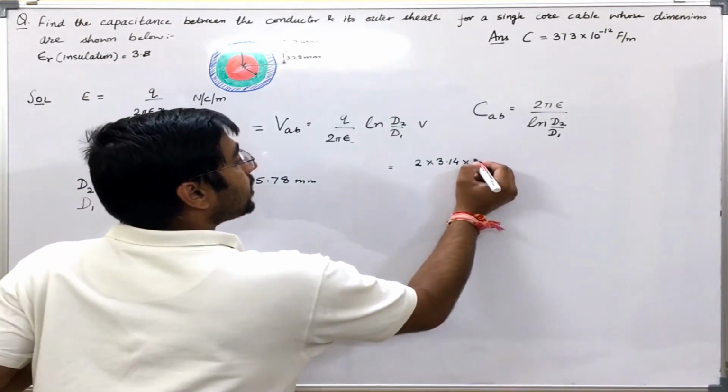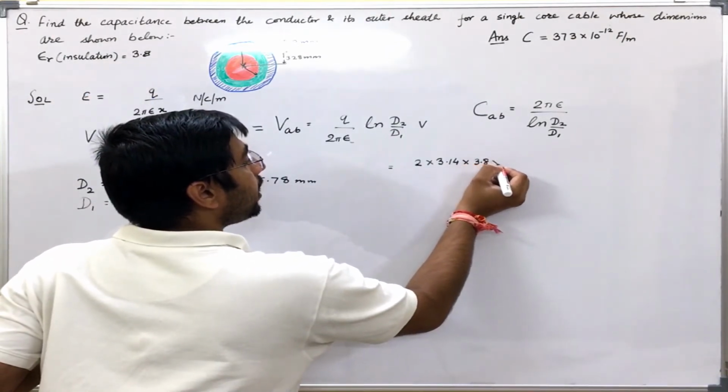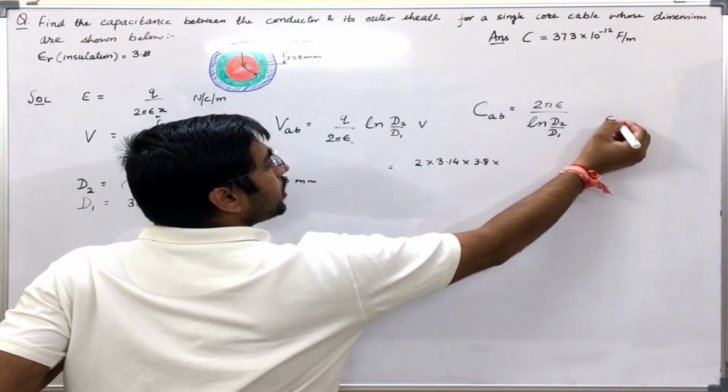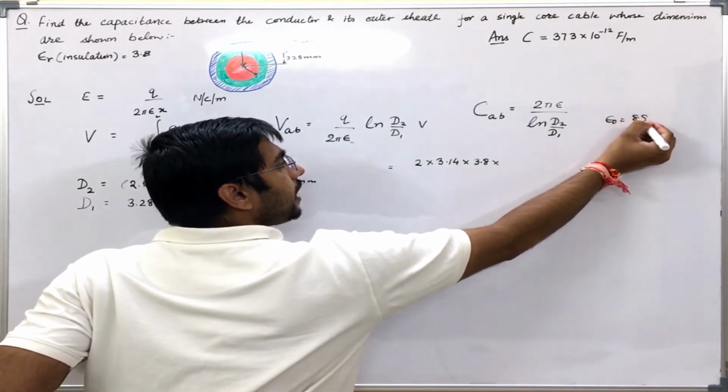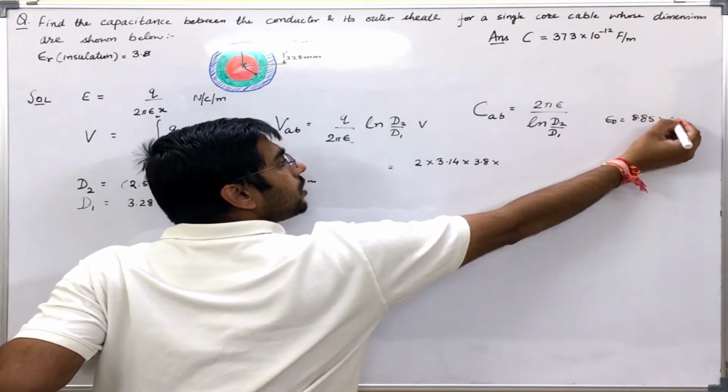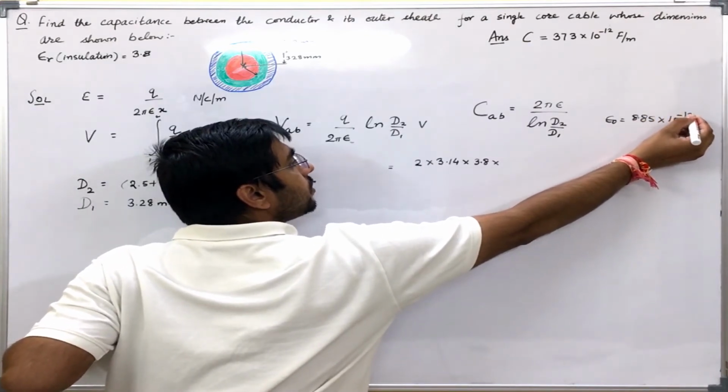naught, that is 3.8, and what is the value of epsilon naught? It is 8.85 into 10 raised to power minus 12.